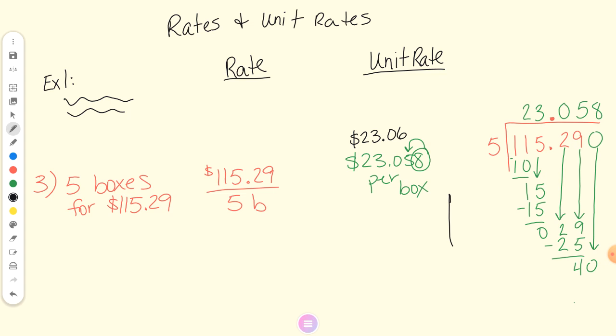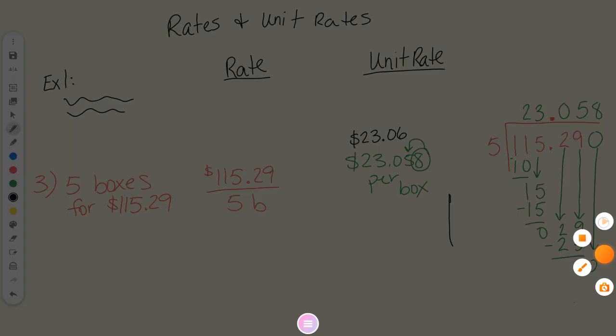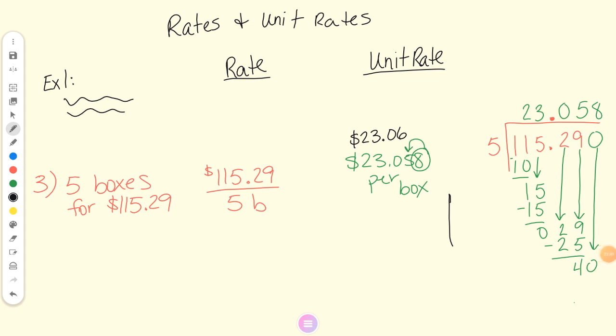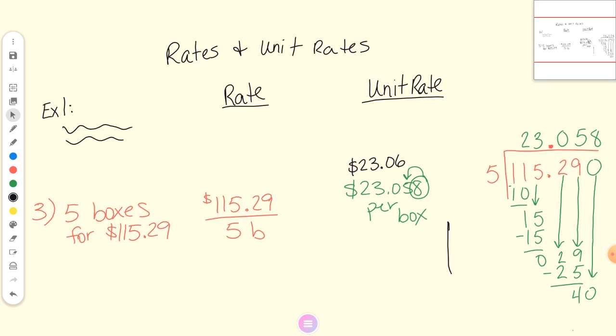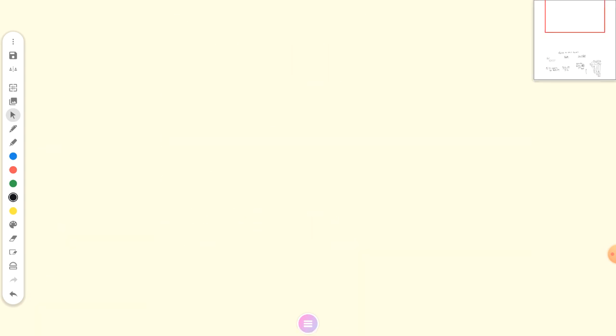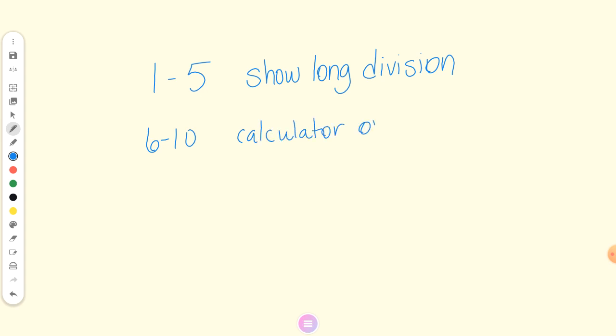I'm going to pause the video for just a second. Okay, at the top of your worksheet, I want you to write: 1 through 5, show long division. 6 through 10, calculator only.